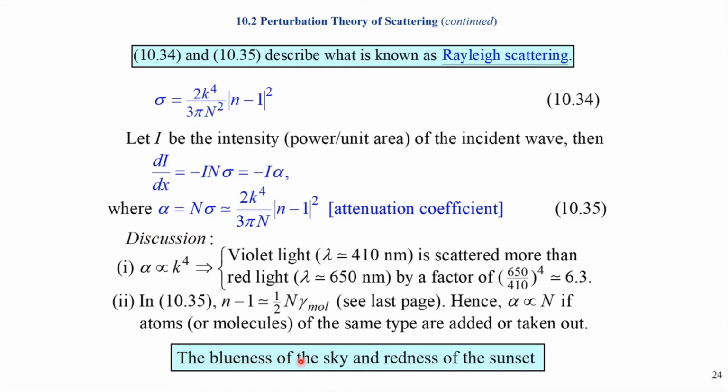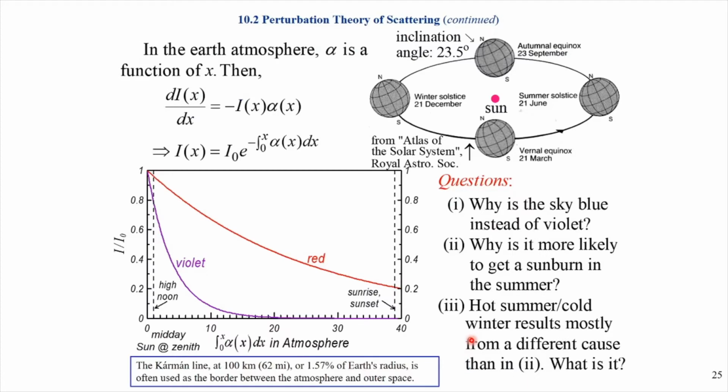The blueness of the sky and the redness of the sunset can be explained from the following two slides. In the Earth's atmosphere, alpha is a function of x. Then dIx over dx equals minus Ix alpha x. So Ix is position dependent.